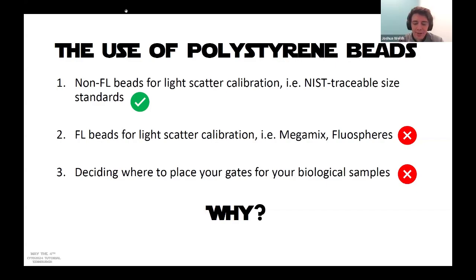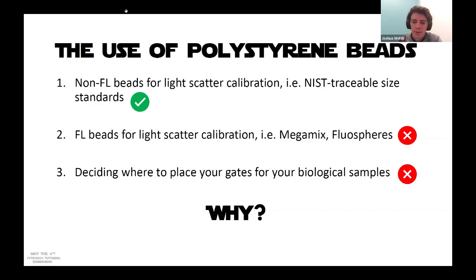Yeah, I guess the main takeaway is if you run 100 nanometer beads and 200 nanometer polystyrene beads, and then you go between a few different flow cytometers, the distance between that 100 nanometer population and the 200 nanometer population, the ratio of those populations, will change depending on the collection angle. So unless you do light scatter modeling, there is no way to use light scatter as a standardized parameter to record concentration between flow cytometers.